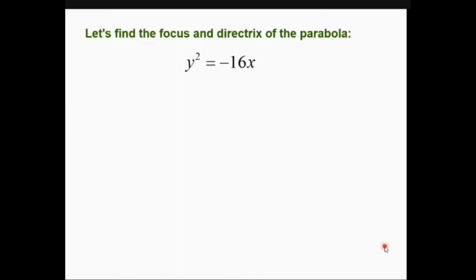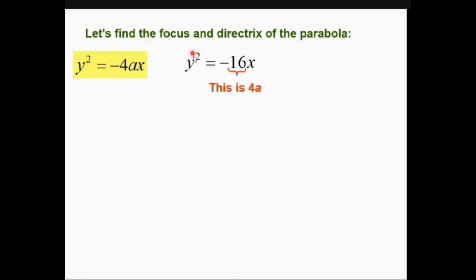Okay, let's find the focus and the directrix of the parabola, whose equation is y squared is equal to negative 16x. Okay, so from this equation, we know that it is in the form y squared is equal to negative 4ax. And then from here, yung negative 16 will be the value of our negative 4a. Diba?